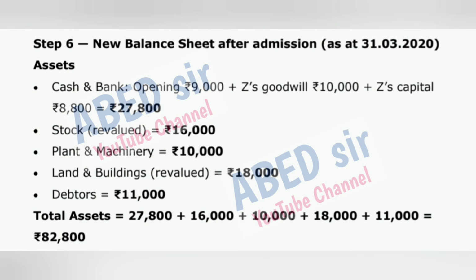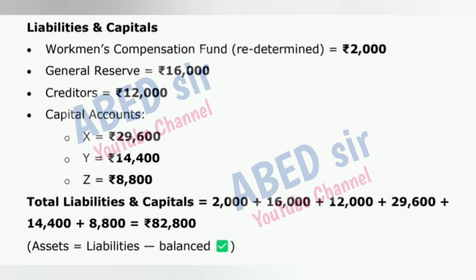Plant and machinery is equal to 10,000 rupees. Land and buildings, revalued, is equal to 18,000 rupees. Debtors is equal to 11,000 rupees. Total assets is equal to 27,800 plus 16,000 plus 10,000 plus 18,000 plus 11,000, which is 82,800 rupees.